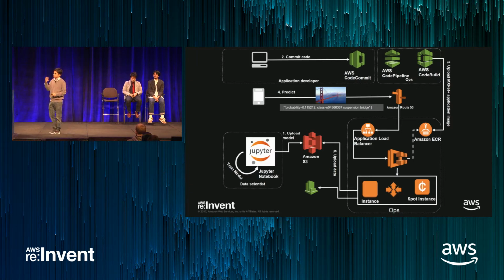And if you have a new application version, you can go through the same pipeline and trigger it and deploy that on ECR in a rolling fashion, like 1, 2, 3, 4, and all your applications or containers scale with the same image. So you've made it a repeatable process to deploy AI-enabled applications.